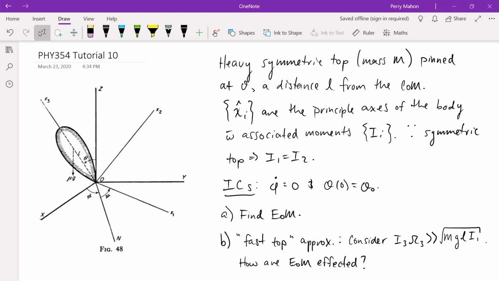The fact that this is considered to be a heavy symmetric top, and moreover the fact that this point of contact is unmoving, actually reduces the problem down to 3 degrees of freedom, such that we only need 3 generalized coordinates to describe the motion of this system.